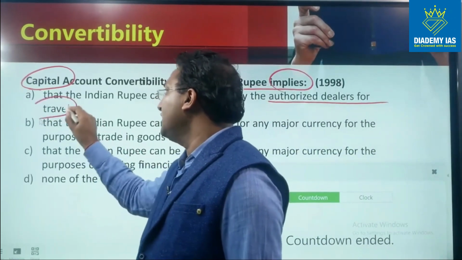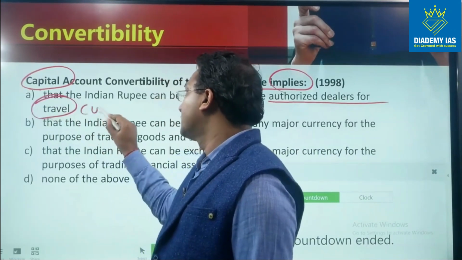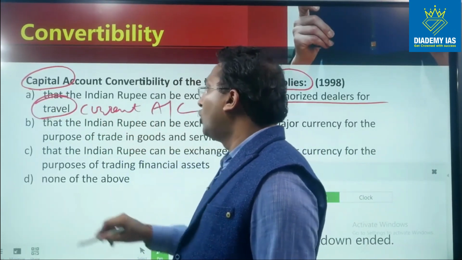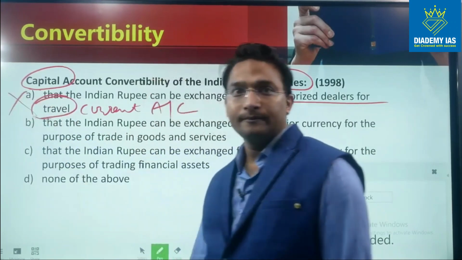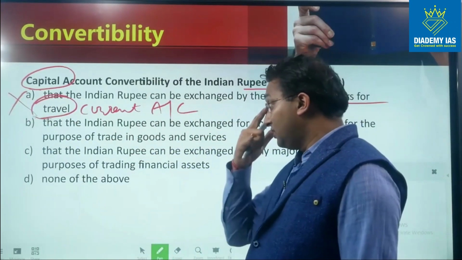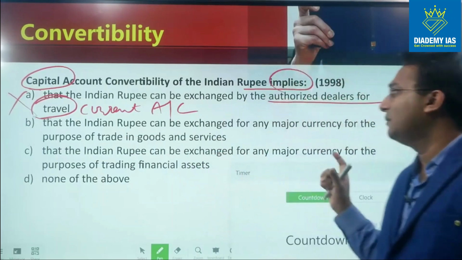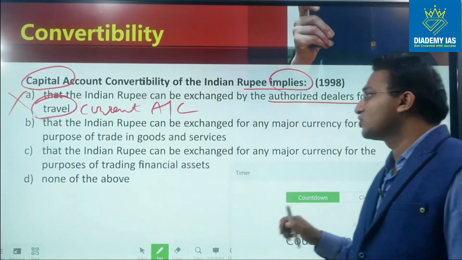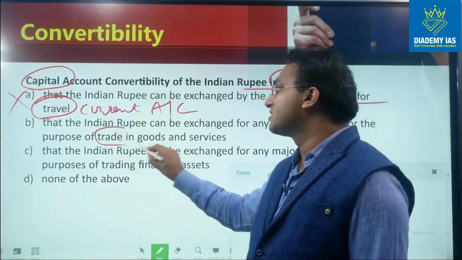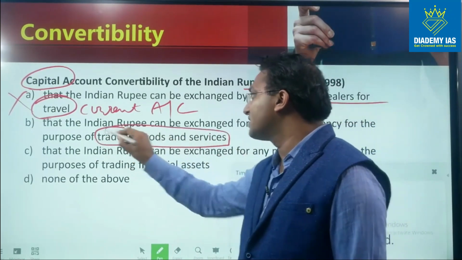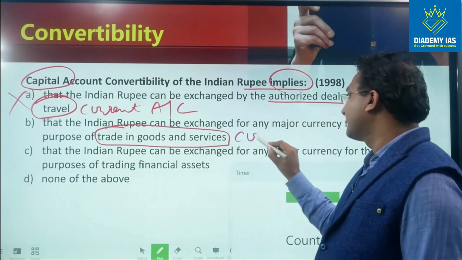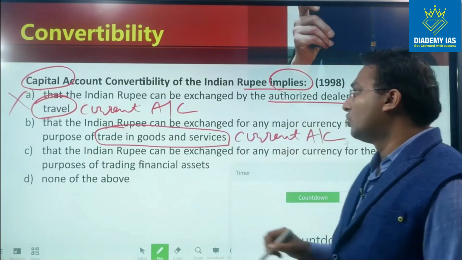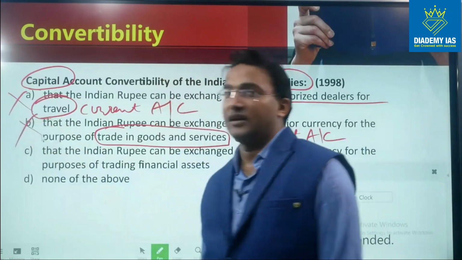So travel is basically current account transaction. So option A is wrong. Option B, that the Indian rupee can be exchanged for any major currency for the purpose of trade in goods and services. The trade in goods and services is again a current account item. So option B is also incorrect.